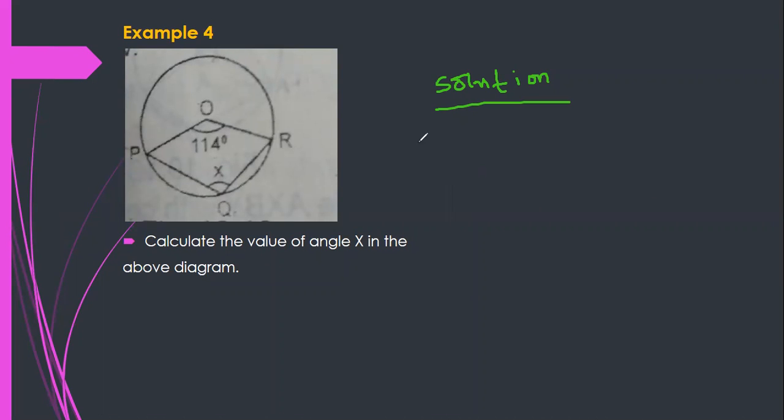So we say that POR is equal to what? 360 minus 114. Why is this? Angle at a point. Let's go to 360. Angle at a point, so that's the reason.